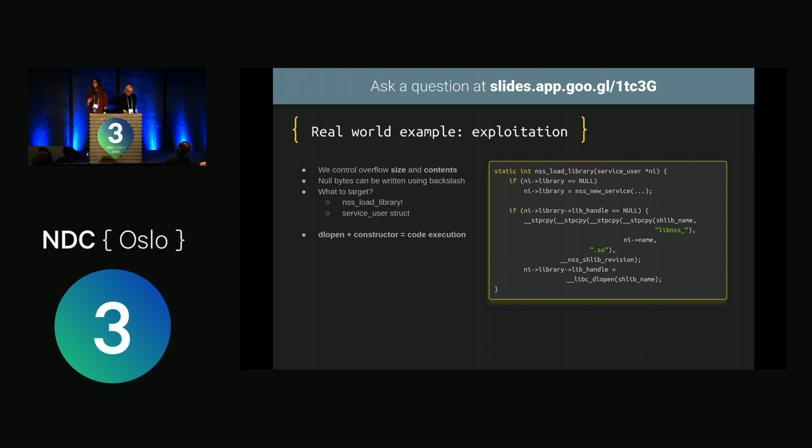It doesn't even have to use your library for anything. And the reason for that, like you see at the bottom, the last line in this piece of code, is it calls dlopen, which is short for dynamic library open or something. And if the library that's being opened contains a constructor, this will run at load time.